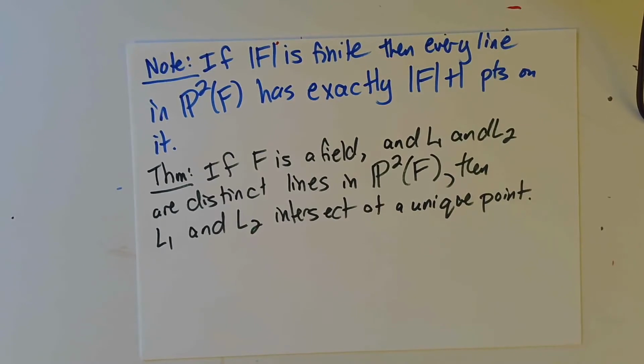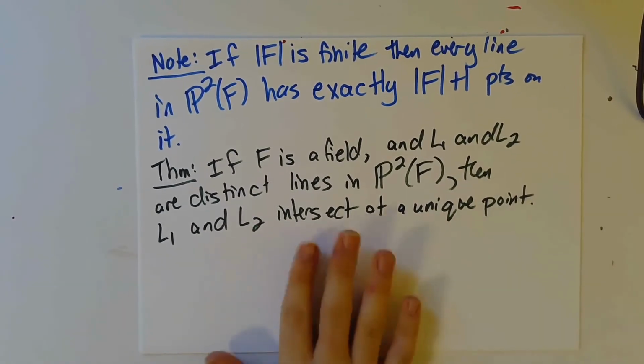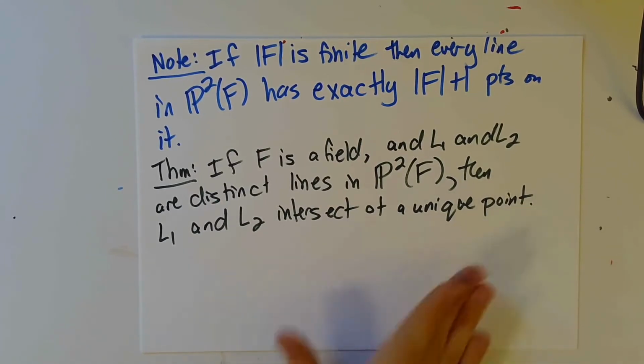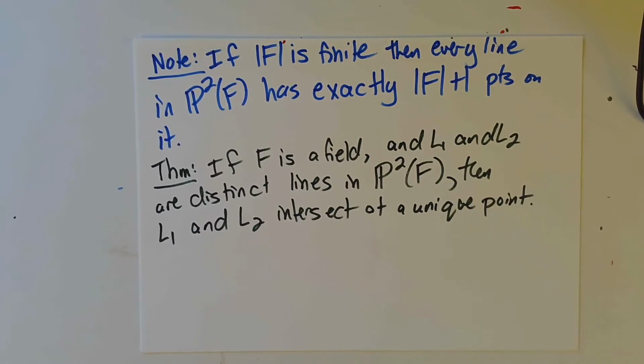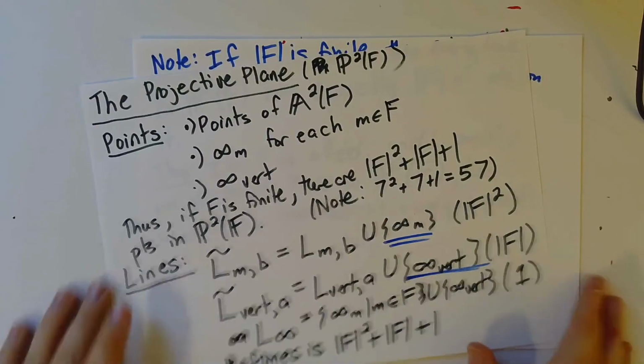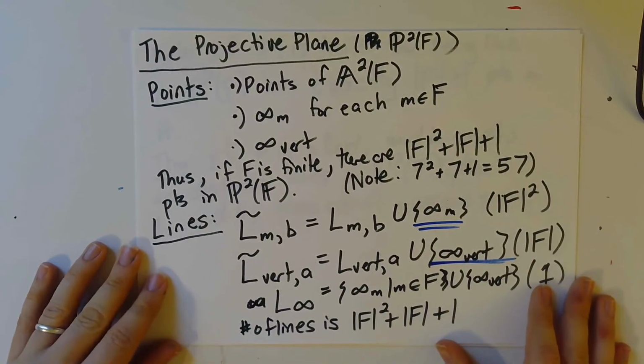Now, you might be fearing that there's some long proof coming, but there's not, because all I need to check, given that I know that the lines in the affine plane all intersect in a unique point if they don't have the same slope, is that I haven't added any intersections when I threw in this bonus point in each of the lines in the projective plane. And I need to check that every pair of lines that didn't intersect before, that is every pair of parallel lines, now intersect in a point.